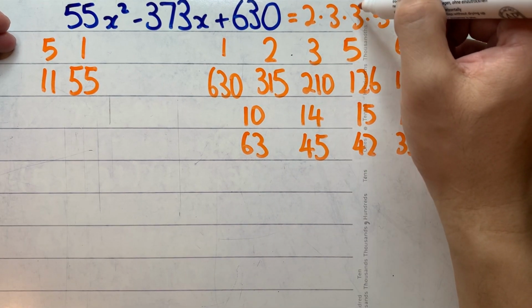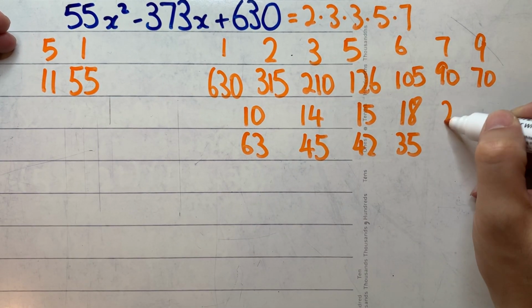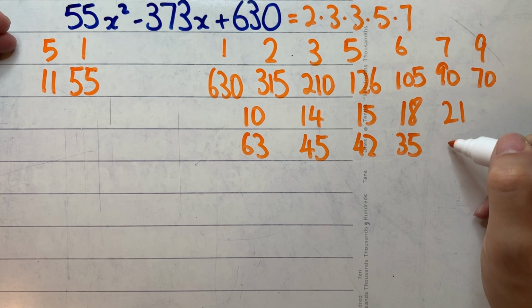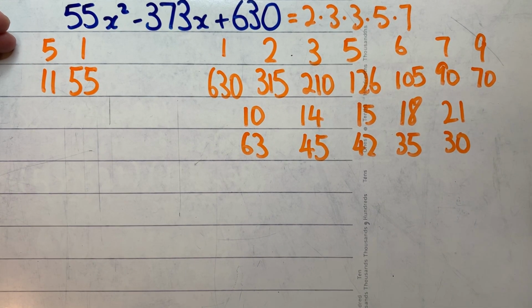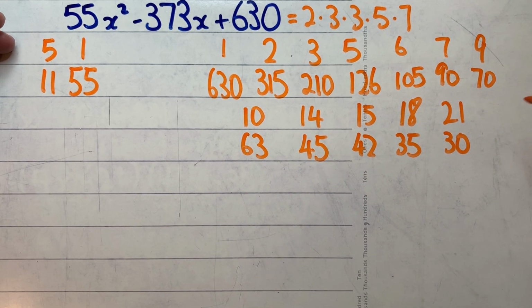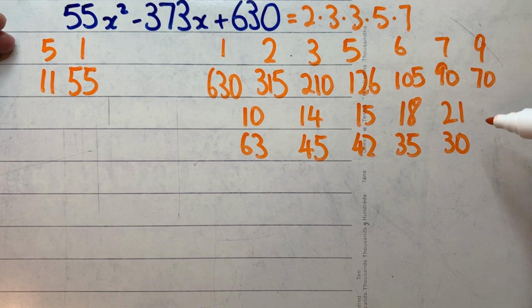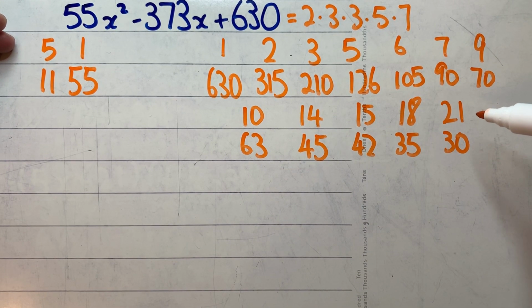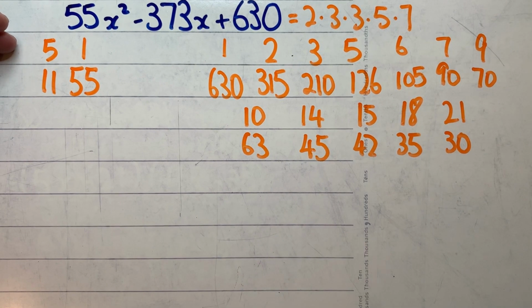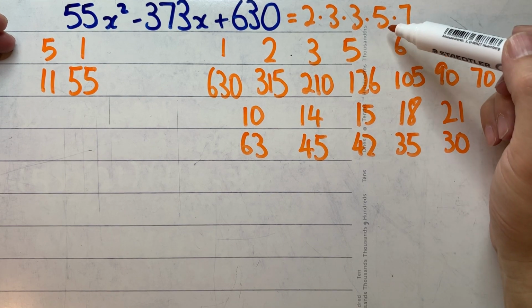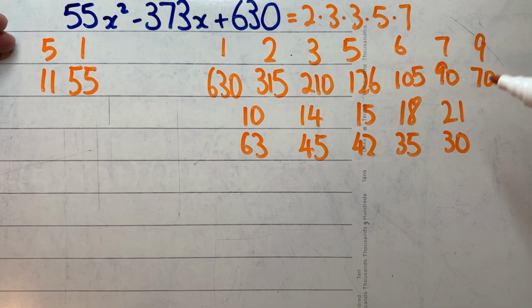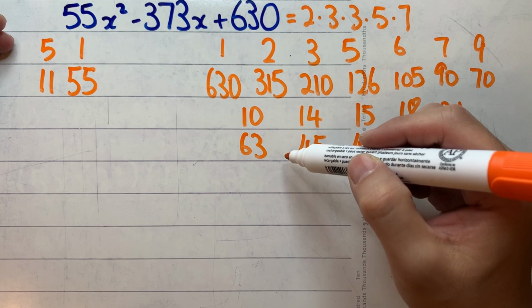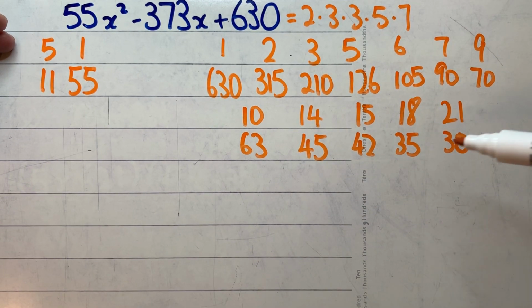No, sorry, 21 is here, not prime, and this will be 30. 22, multiple of 11, we skip. 23 prime, we skip. 24, multiple of 4, we skip. 25 is only 1, 5, we will skip. 26 is a multiple of 13, we skip.